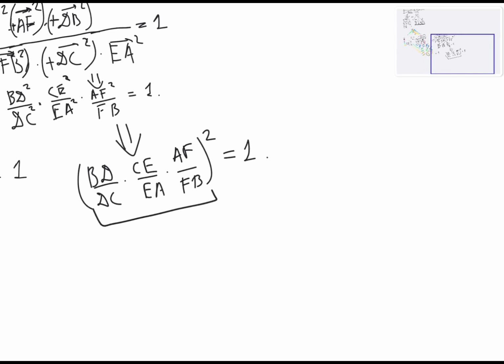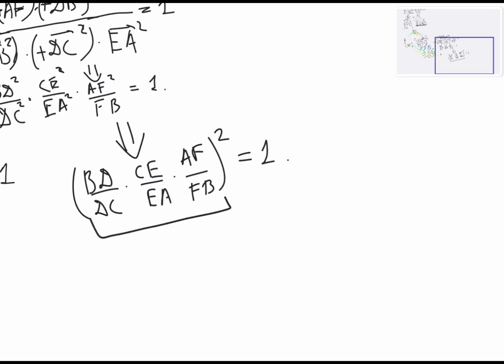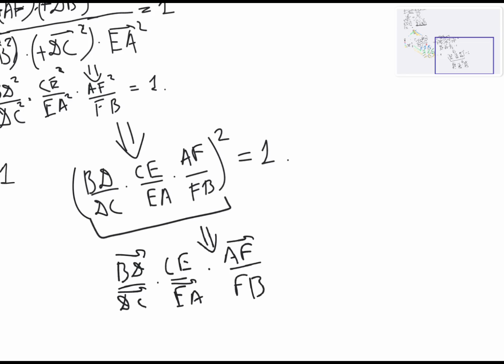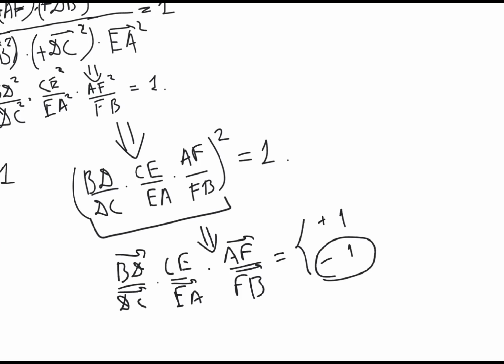So basically we conclude from this that BD over DC, CE over EA, multiplied by AF over FB, is equal either to plus 1 or minus 1. There are two cases. We don't know which one. So we need minus 1 for the Menelaus theorem, and the sign.